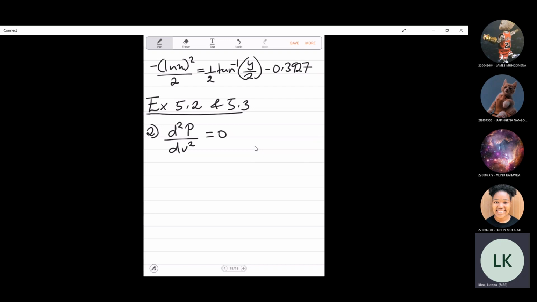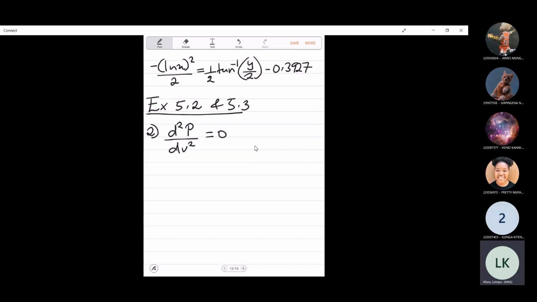But the way to work this out again is just by direct integration. So we'll have to integrate twice. We have the integral of d²p/dv², integrating with respect to v. This is the integral of 0 dv. So when we integrate the second derivative, we have the first derivative.